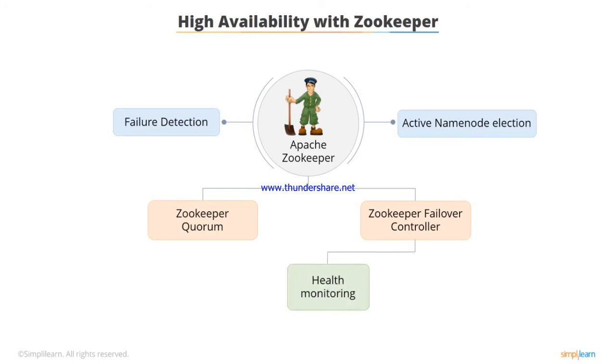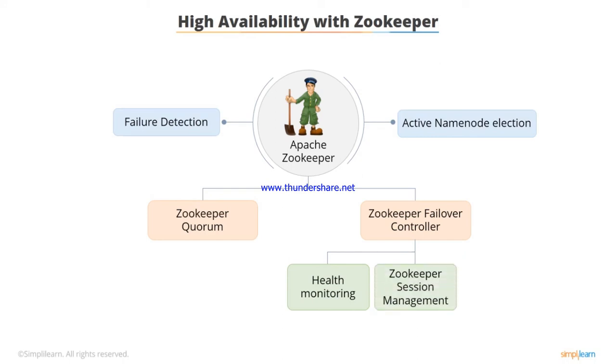The ZKFC constantly communicates with the name node and uses a health check command to verify the status of the name node is healthy. The status of the node is marked healthy if the node gives a timely response and no issues are detected. If the node has ceased to function or has encountered any other issues, the ZKFC determines that the status of the node is unhealthy.